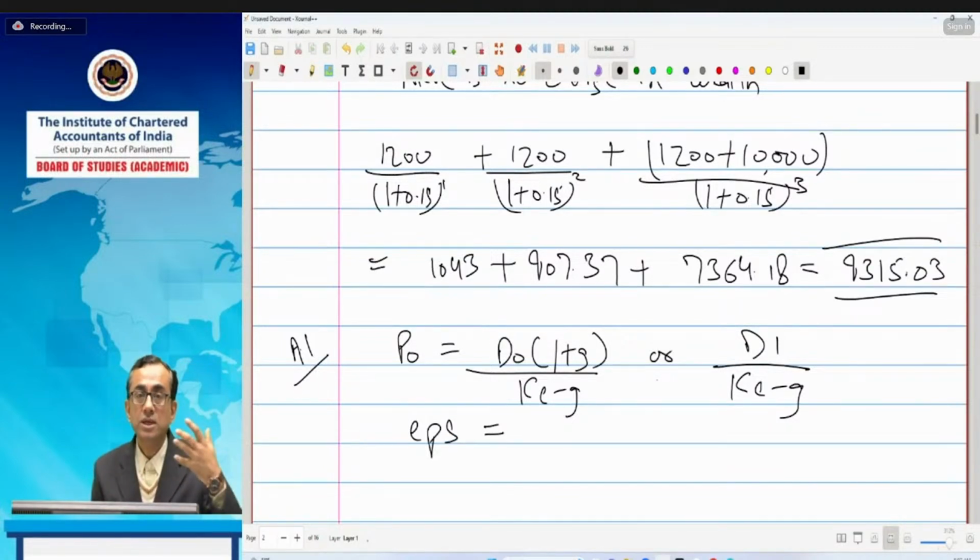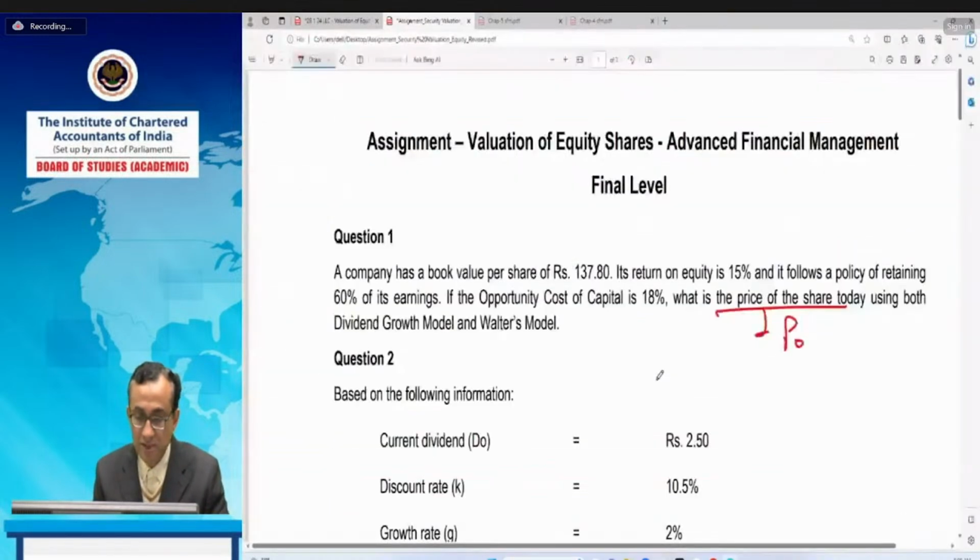So EPS will be 137.8, which is book value, into return on equity, 15%.